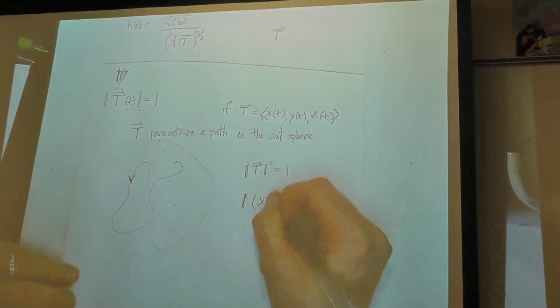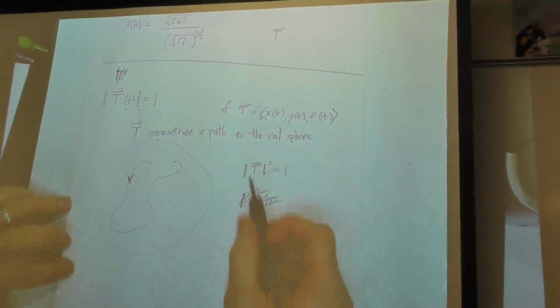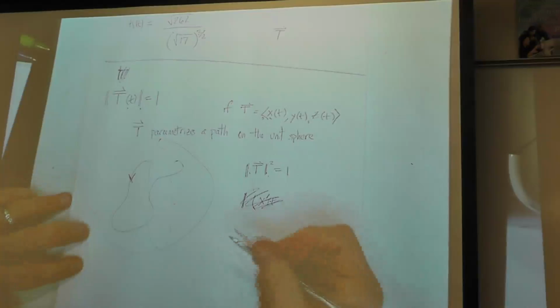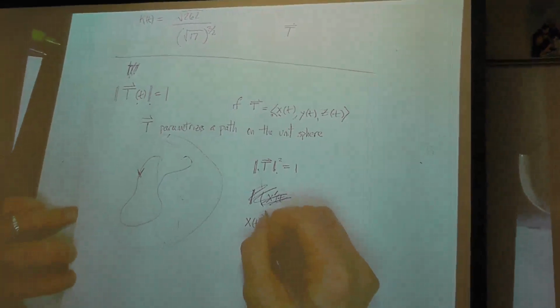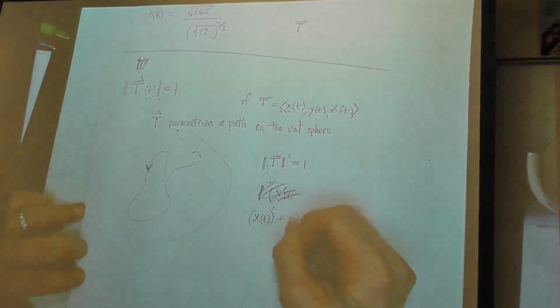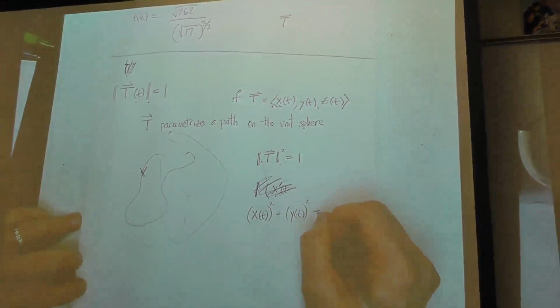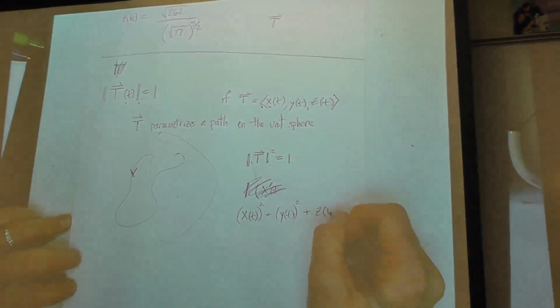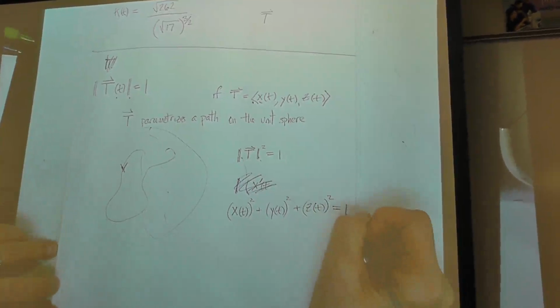I'm just squaring T, so I would get X of T squared plus Y of T squared plus Z of T squared equaling 1.